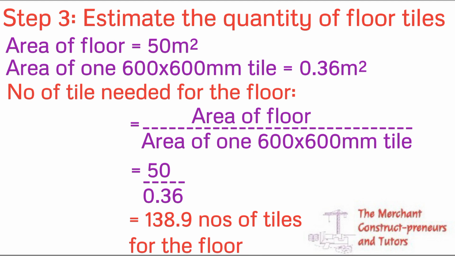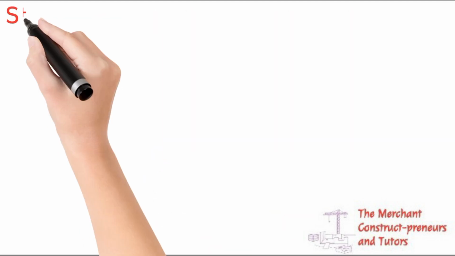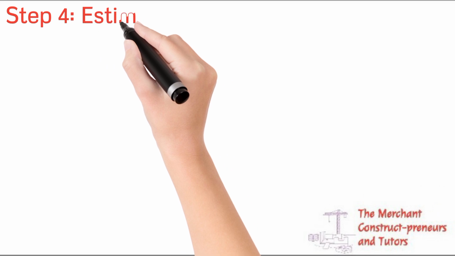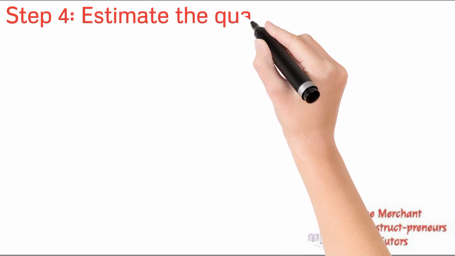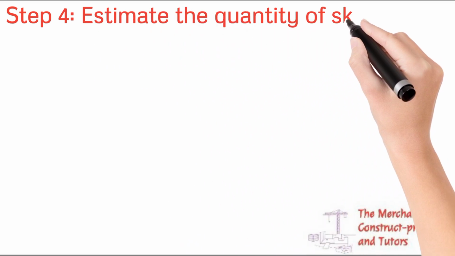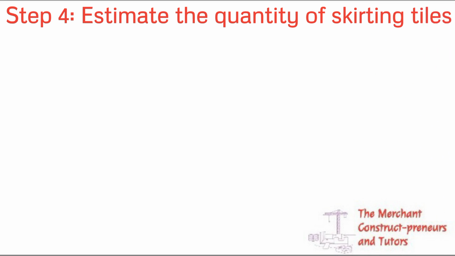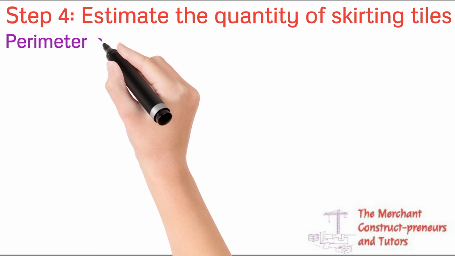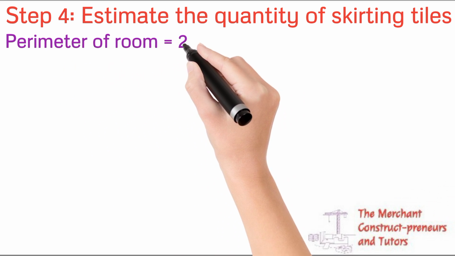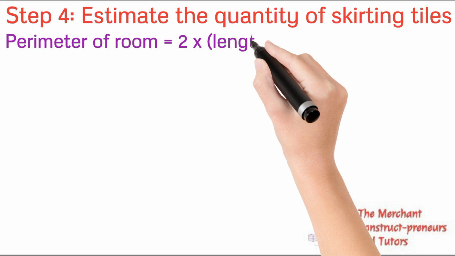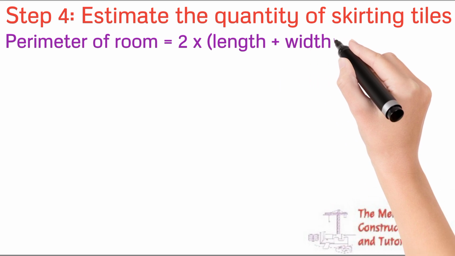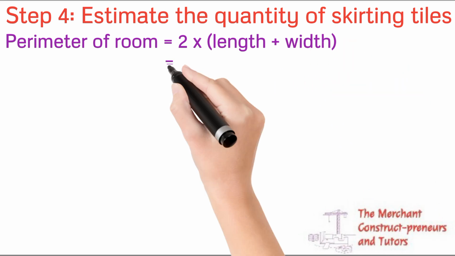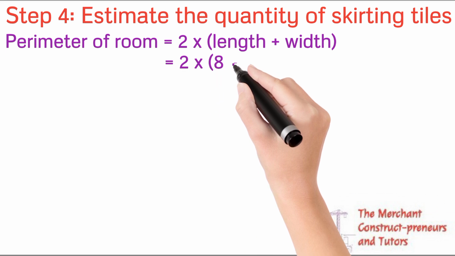Okay, so we'll move over to the next step, which is to estimate the quantity of skirting tiles needed. The first step was to estimate the quantity of floor tiles needed, and we've estimated it to be approximately 140. So now we are looking at the skirting tiles. For the skirting we'll be dealing with the perimeter, and our initial calculation said the perimeter is 28.5 meters, right? 28.5 meters.